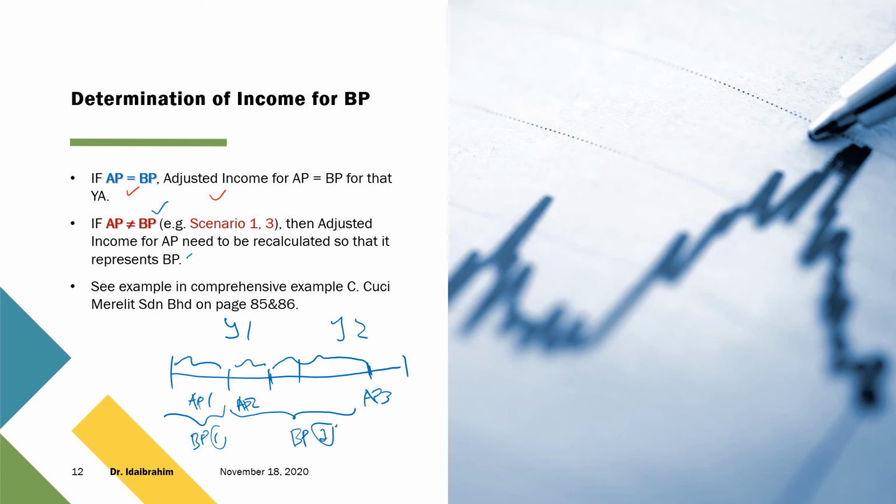Meaning that you need to add the adjusted income for here and here, adjust accordingly, okay? So you can see the example in comprehensive example C, on page 85, and the answer is on page 86 for further understanding.